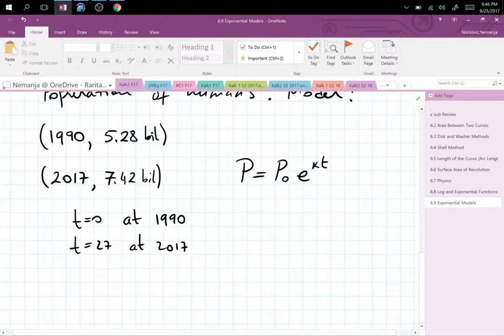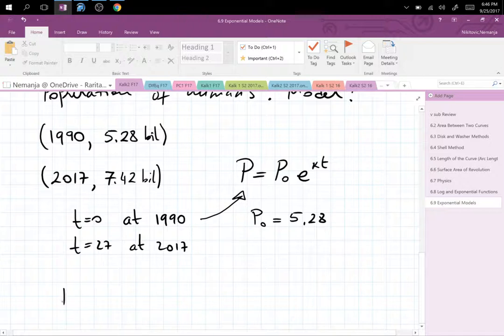We are going to use this point in the model first. When you have t equal to 0, then whatever the population is in that year is your initial population.